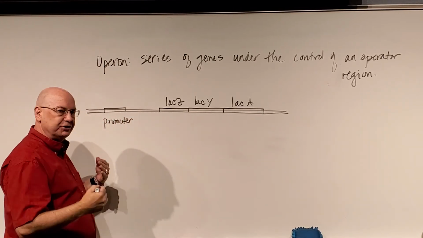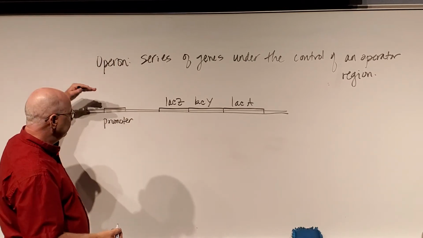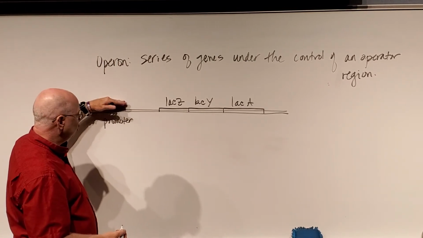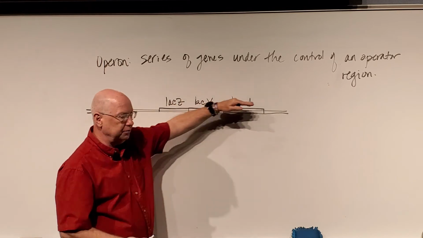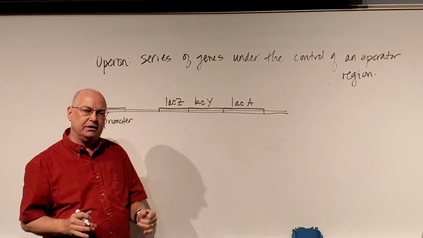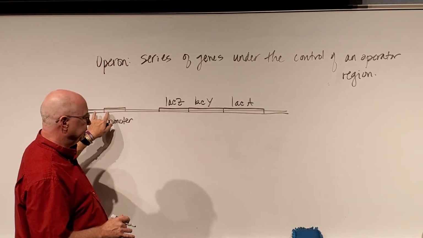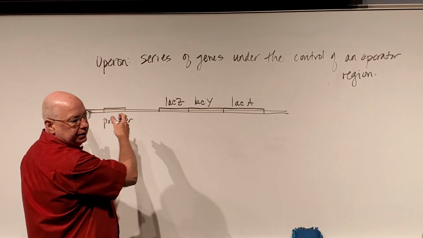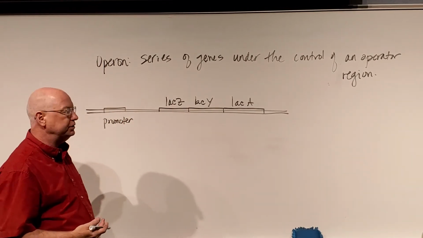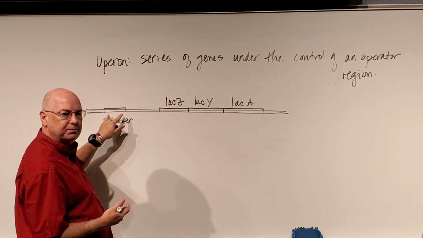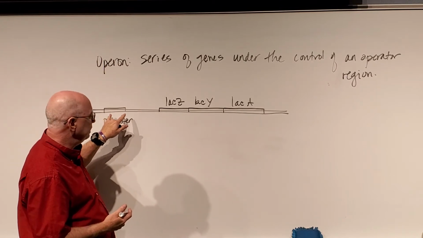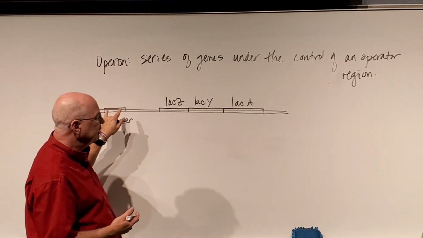A promoter is a series of bases that tells RNA polymerase, start here, and then start making the protein. And it gets it all lined up, because it can start reading 3 bases. If it starts with the wrong one, then it's going to read the bases out of order. We might get a different protein. So it sort of gets RNA polymerase lined up and reading properly and tells it, start here and make these 3 genes.